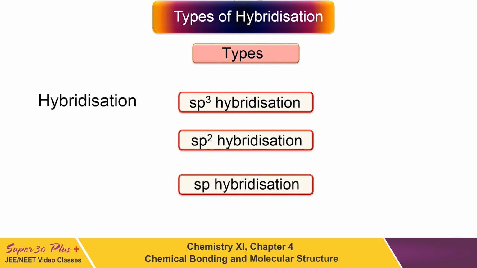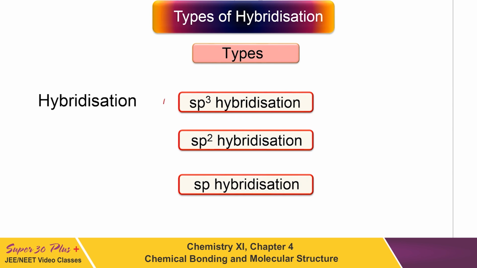But why did I incorporate these three hybridizations together in front of you? Because in these hybridizations, there is no involvement of the d subshell. These are the hybridizations involving s and p only.